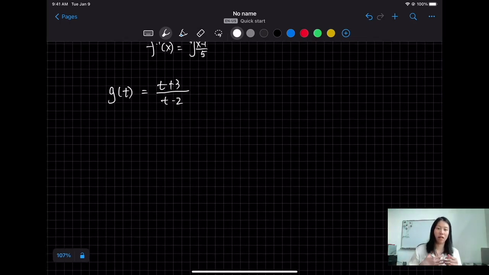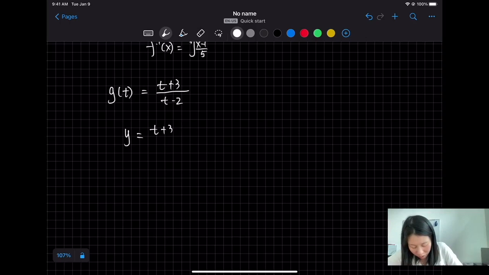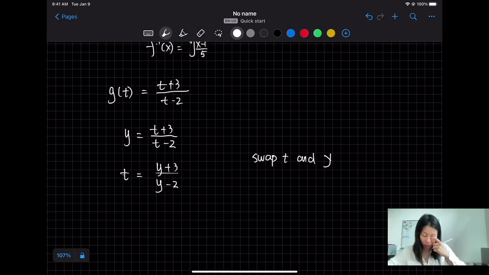In this one, first step, you will write y equals (t plus 3) over (t minus 2). The second step is you swap t and y. So I have t equals (y plus 3) over (y minus 2).